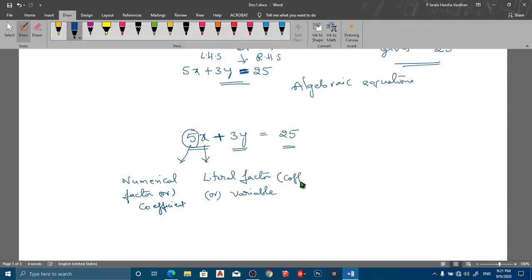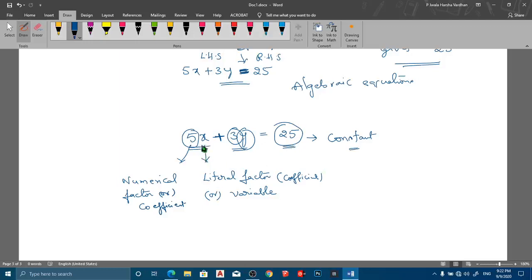Literal coefficients or variable also. Okay, so here also this is the numerical factor and this is the literal coefficient, and the number which does not have any literal coefficients, only number, it is having only a number. Okay, this type of terms are called constant terms.